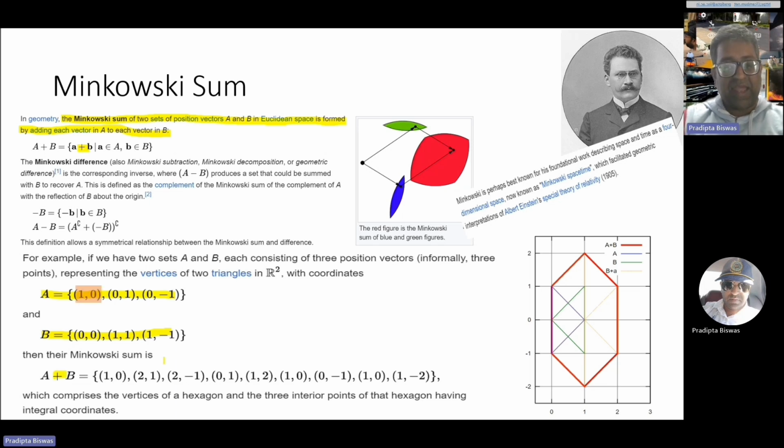It is like this: I take the first element and add it to the second element and get 1 0. Then I take the first element, take the second element and add it. For a Cartesian product, we do not do this addition and we get 2 1. And so we go along: 1 0 and 1 minus 1, we get 2 minus 1.